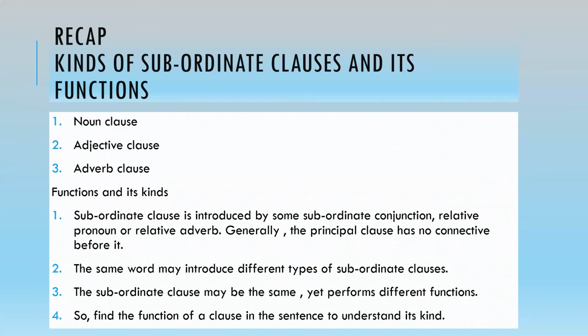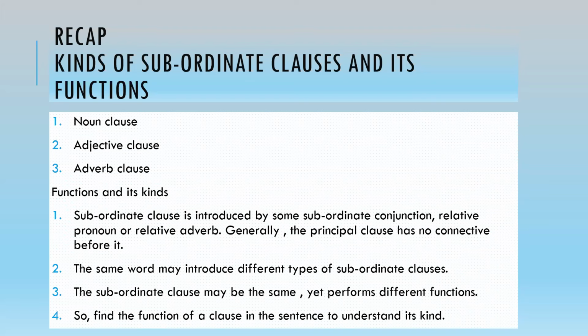Now let's just recap the kinds of subordinate clauses and their functions. You have seen that there are three kinds: noun clause, adjective clause, and adverb clause. The subordinate clause is introduced by some subordinating conjunction, as you have seen by using which, where, how, that, if, and when, or a relative pronoun or a relative adverb like who, that.